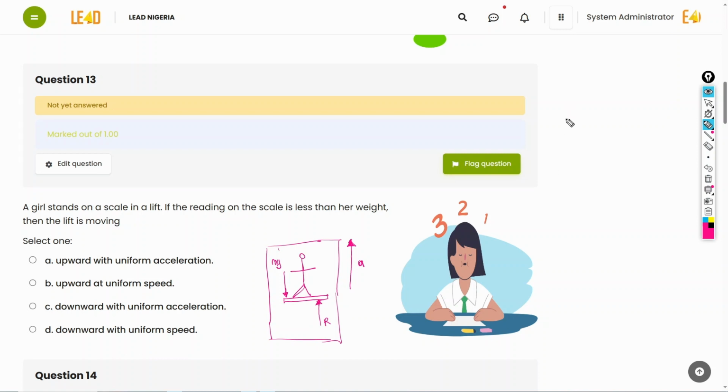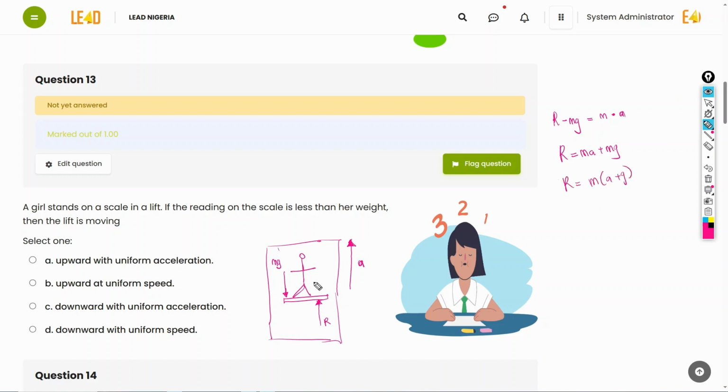So I'm going to say the net force would be R minus mg, if I take R as positive. So R minus mg is equal to mass times the acceleration. That means R is equal to ma plus mg, so R will be equal to m bracket a plus g.